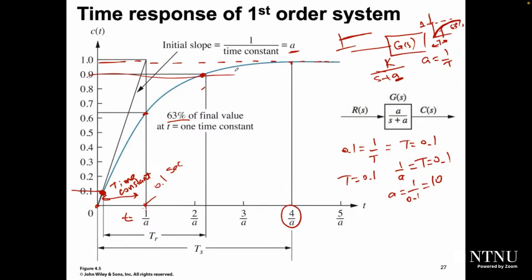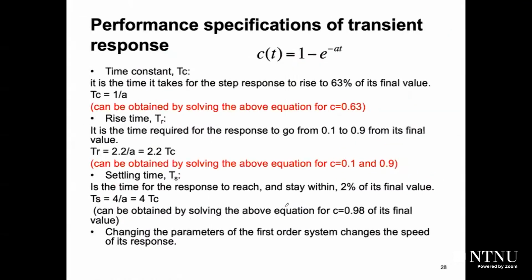This is the rise time. So you have the time constant, the rise time, and the settling time. The settling time is around 4 time constants. Those are the parameters which can be used to characterize the time response of a first order system.